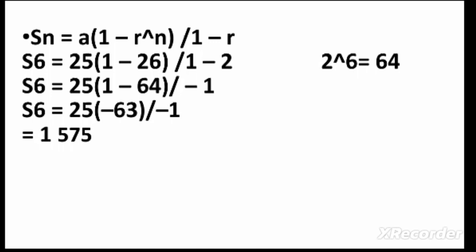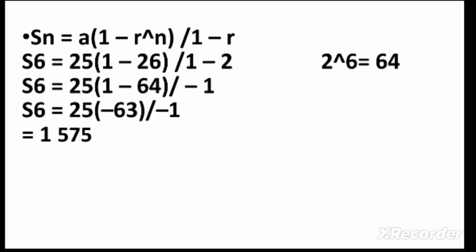And then we substitute for n. We're looking for the sum of 6 terms, and then a is 25, r, the ratio, is 2, exponent n, it is 6, divided by 1 minus 2, because the ratio is 2, right?